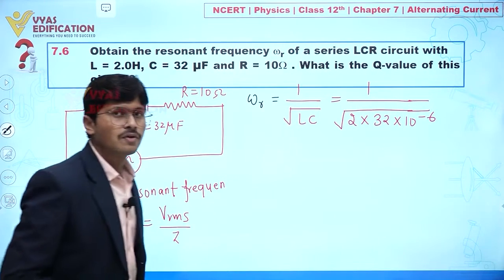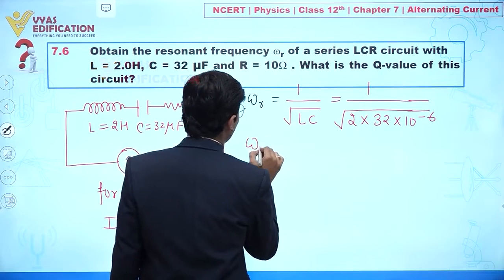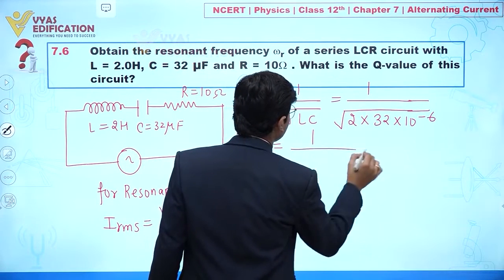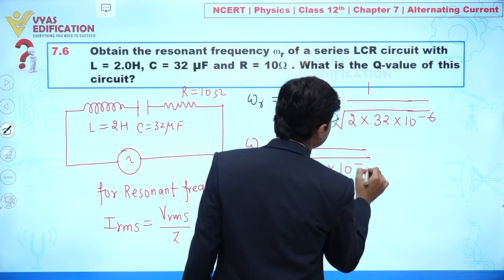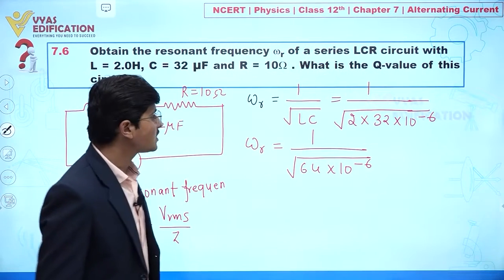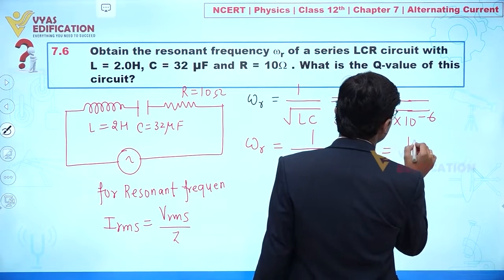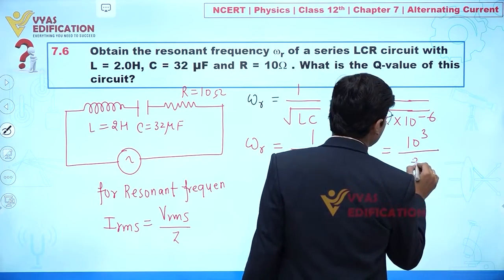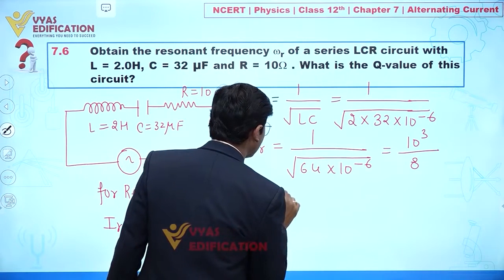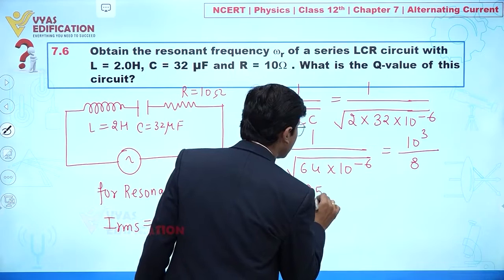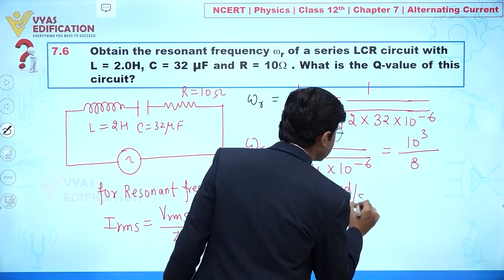Clear? So from here omega R is given by 1 upon under root of 64 into 10 to the power minus 6. So I can write this as 10 to the power 3 divided by 8. Clear? So from here you can see the resonant frequency is given by 125 radian per second.